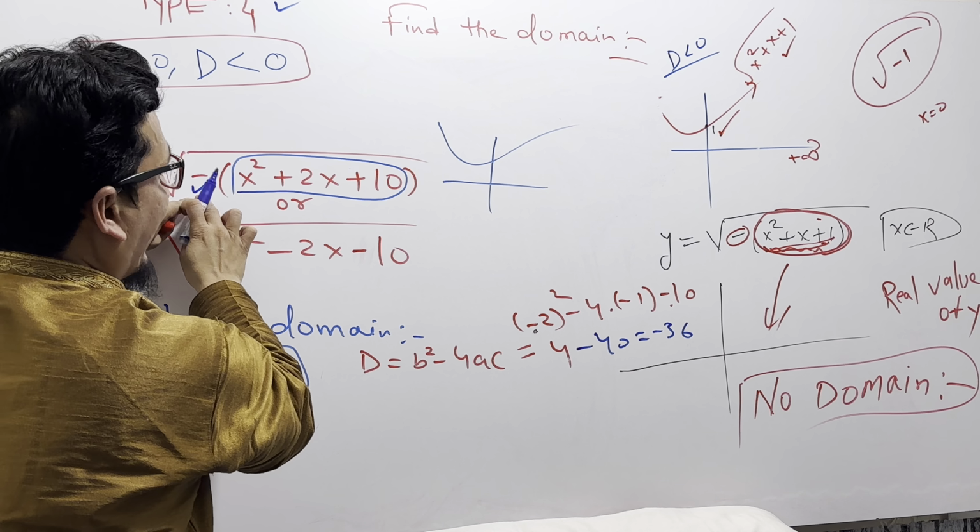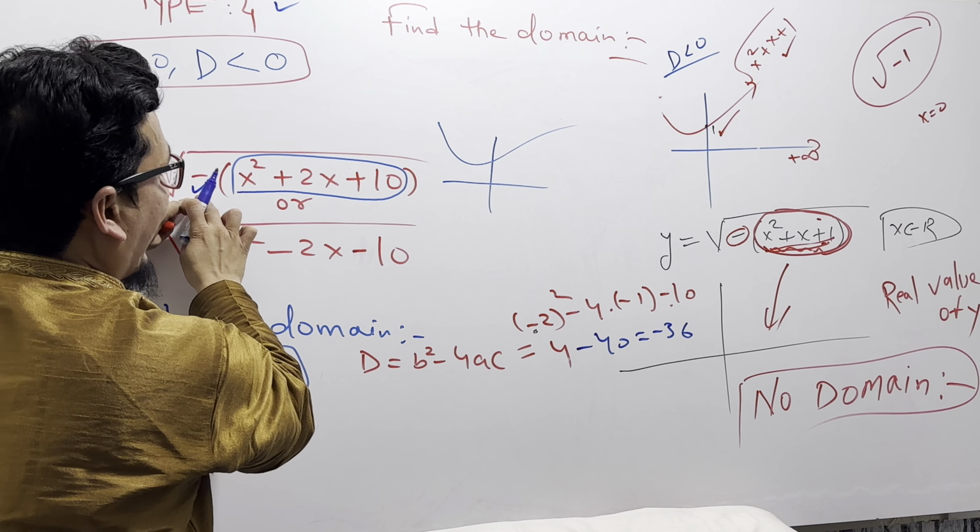So for example, if you give x is equal to 0, the graph will be something like this one, minus 10 for example. You have the graph x square plus 2x plus 10, for example this one, right? This is the graph of x square plus 2x plus 10, type 3. And for example, this is 10.